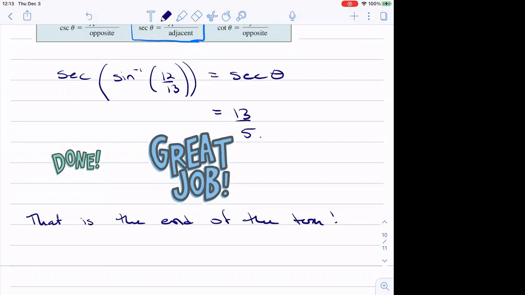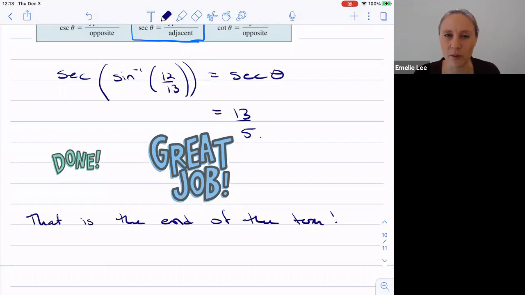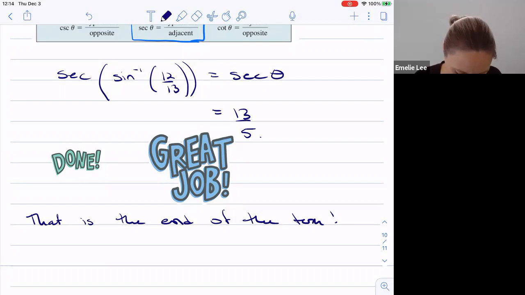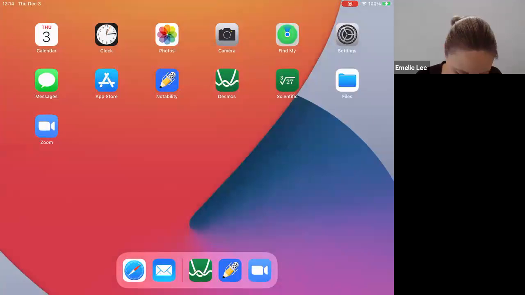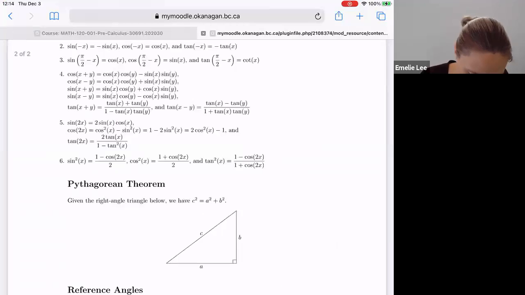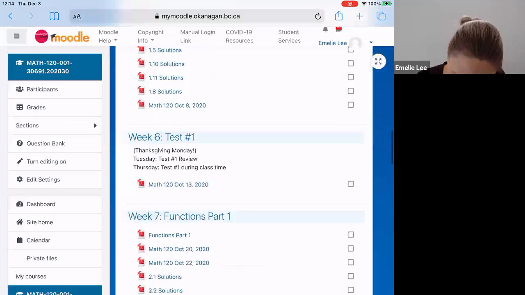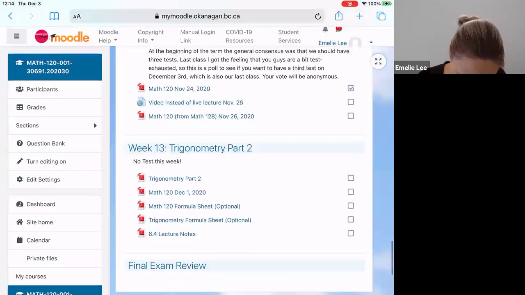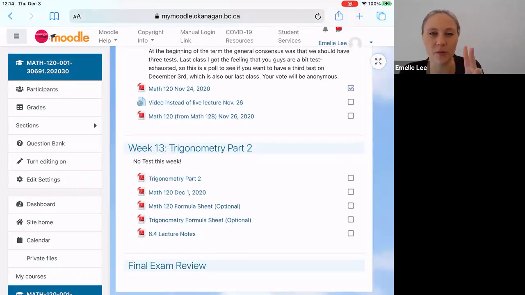Just one thing. Did you already post the formula sheet? Yes, I did. Let me go to Moodle here. Let me make sure I'm in the right course. I am. I posted the 2 formula sheets that I showed you last day, the Math 120 formula sheet, which is the one that you would usually have, but then also the trigonometry formula sheet, which I find more useful.